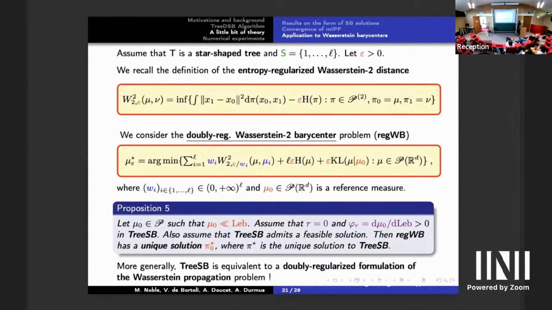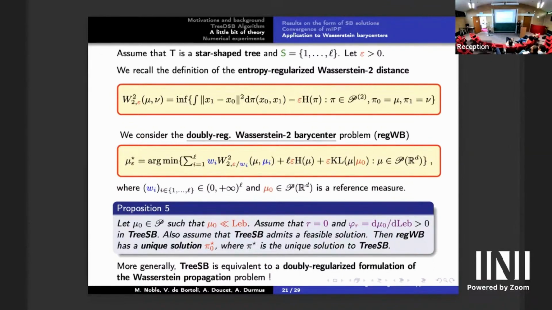With this choice, you end up with a regularized version of the Wasserstein barycenter problem starting from the TreeDSB version. So if you solve a tree Schrödinger Bridge problem with this choice and this choice for your reference path measure, because these are the only parameters that you have to choose, then you actually solve the Wasserstein barycenter problem.